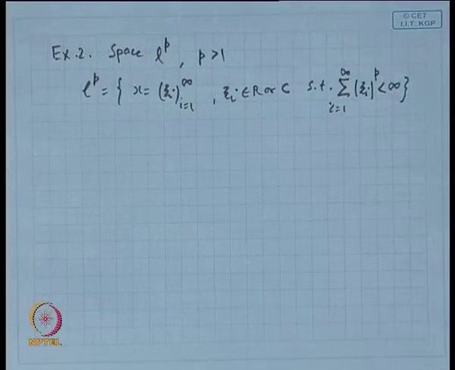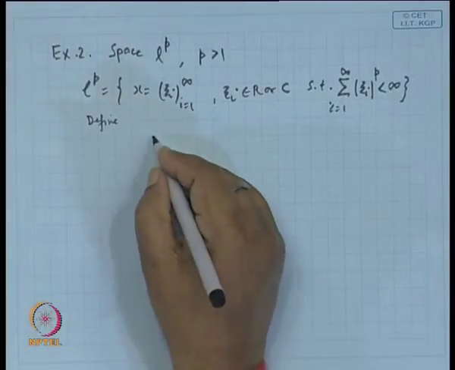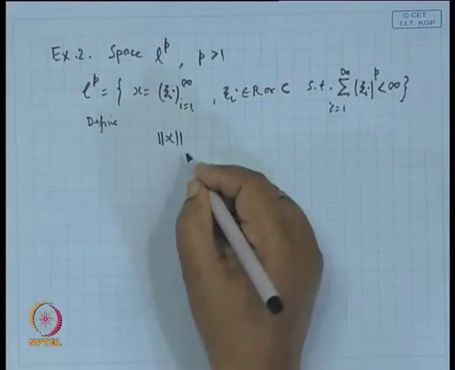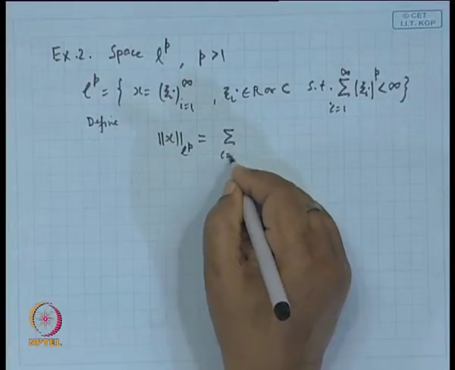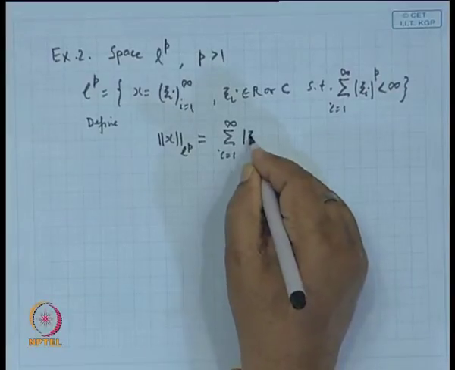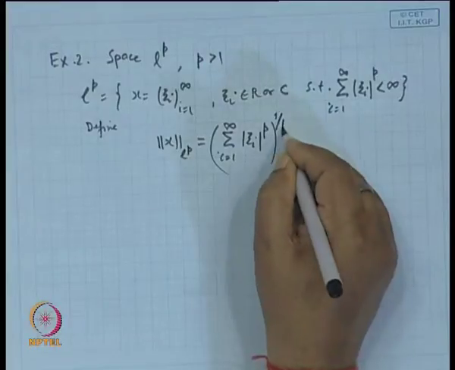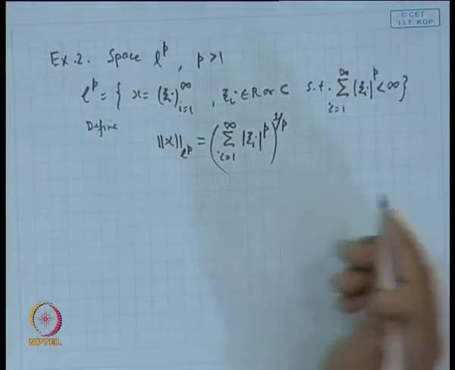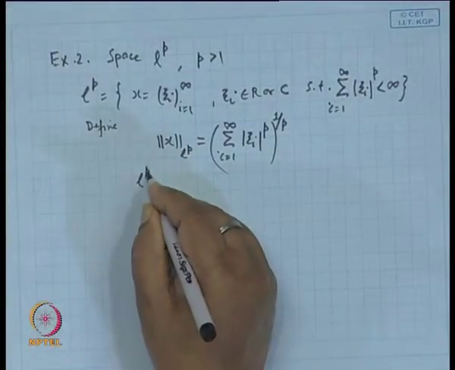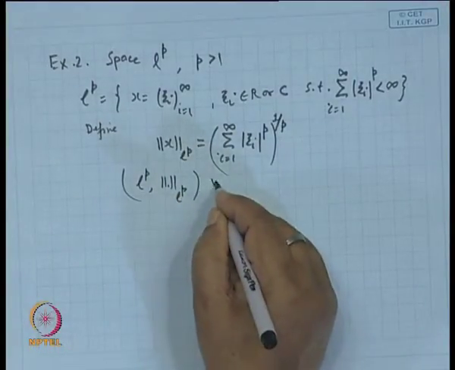And then we introduce the norm of x in l^p as sigma i is 1 to infinity mod xi power p, raised to the power 1 by p. So, it will form the norm space l^p. It can be easy to verify that this forms a norm space.